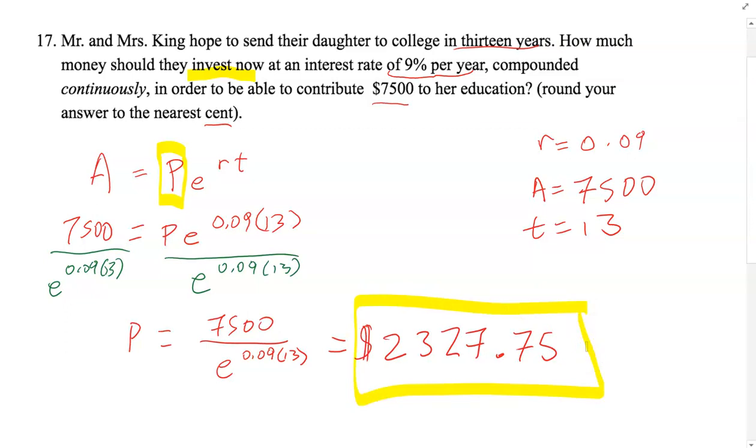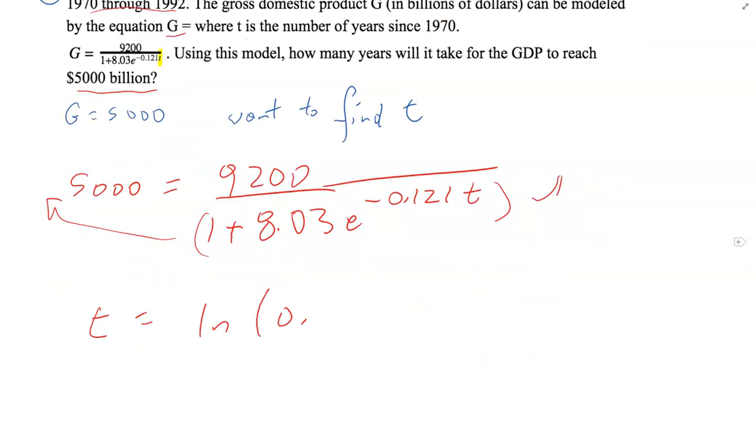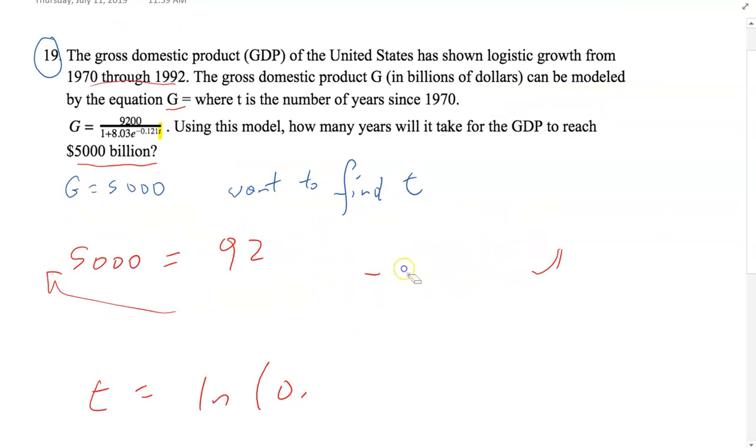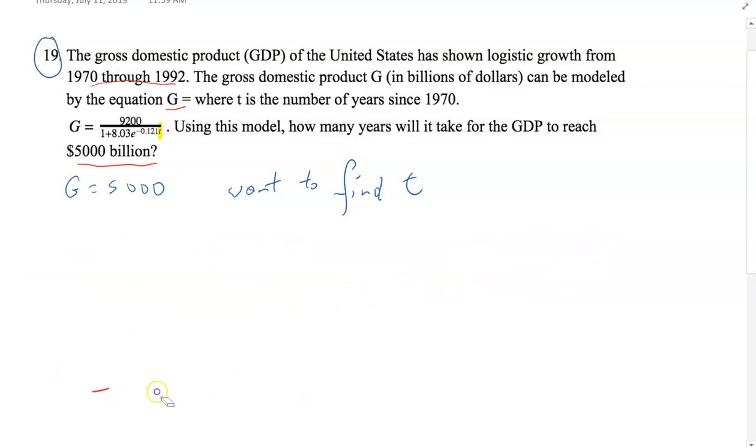Okay. Now let's look at another problem. In this next problem, we're told that the GDP of the United States can be modeled by a logistic growth function from 1970 to 1992.